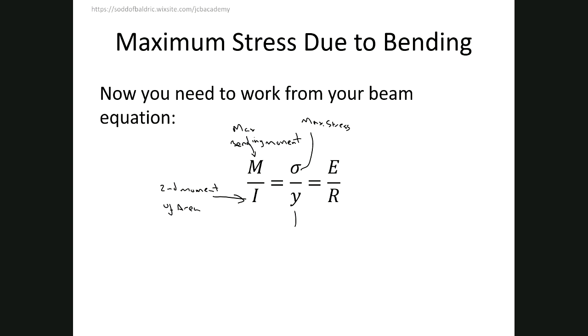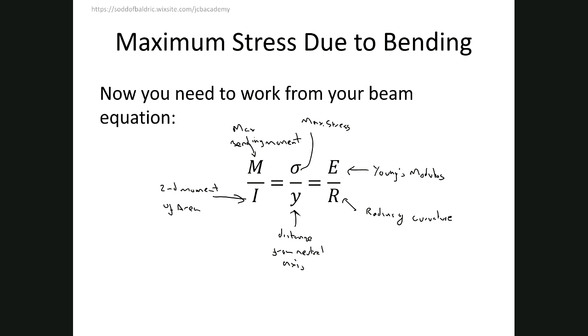Y is the distance from the neutral axis. E is your Young's modulus, or the modulus of elasticity. And R is the radius of curvature. And we're going to be asked for most to work out with most of these.